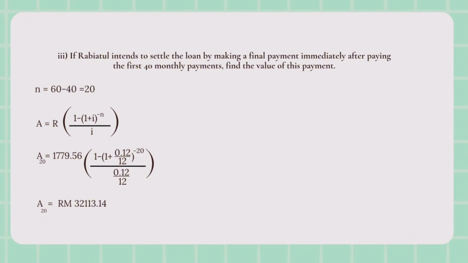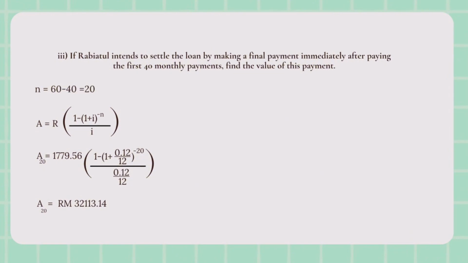So the remaining number of payments is 60 minus 40, which equals 20 months. Next, we use the present value of annuity formula. The outstanding balance equals the monthly payment multiplied by 1 minus 1 plus the interest rate raised to the power of negative n, divided by the interest rate.